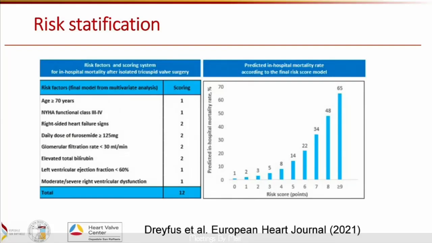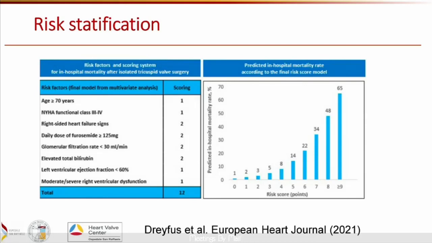Now I talk about the TRI-SCORE. TRI-SCORE is a very important score which has been generated specifically for isolated tricuspid regurgitation. As for any score system, it has a huge limitation. It's been based only on those patients who have been operated.